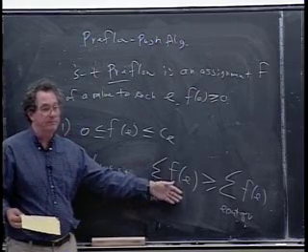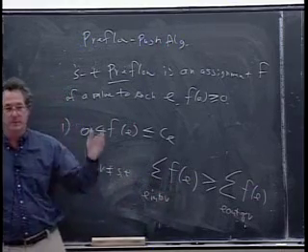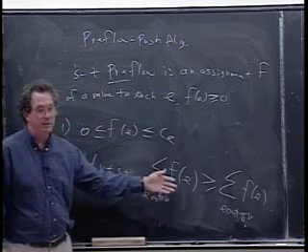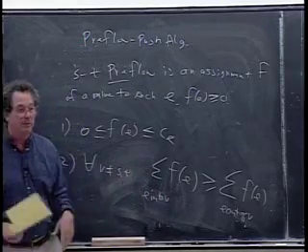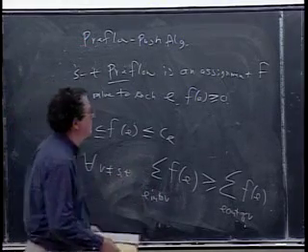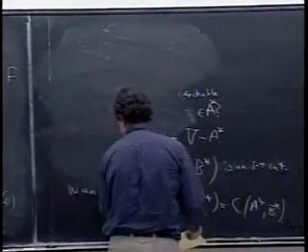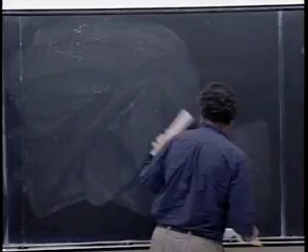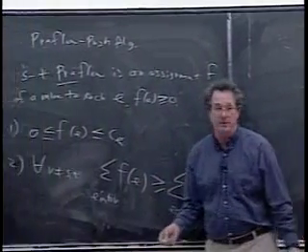If it's current that's flowing, then some of it gets dissipated as heat or whatever current does. If it's water, some of it leaks out, whatever you want. But nothing magically just appears. All right, that's what a preflow is. And what this algorithm is going to do is always maintain a preflow.